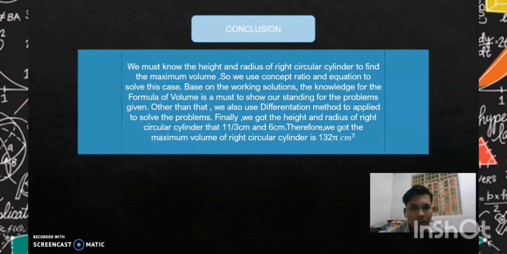Other than that, we also use the differentiation method to solve the problem. Finally, we got the height and radius of the right circular cylinder, 11 over 3 cm and 6 cm. Therefore, we got the maximum volume of the right circular cylinder is 132 pi cm cubed. That's all from me. Thank you.